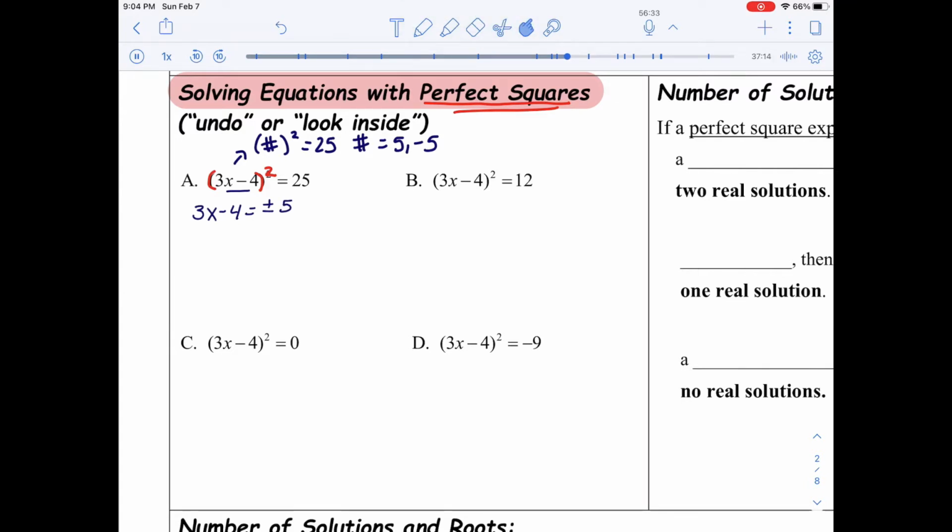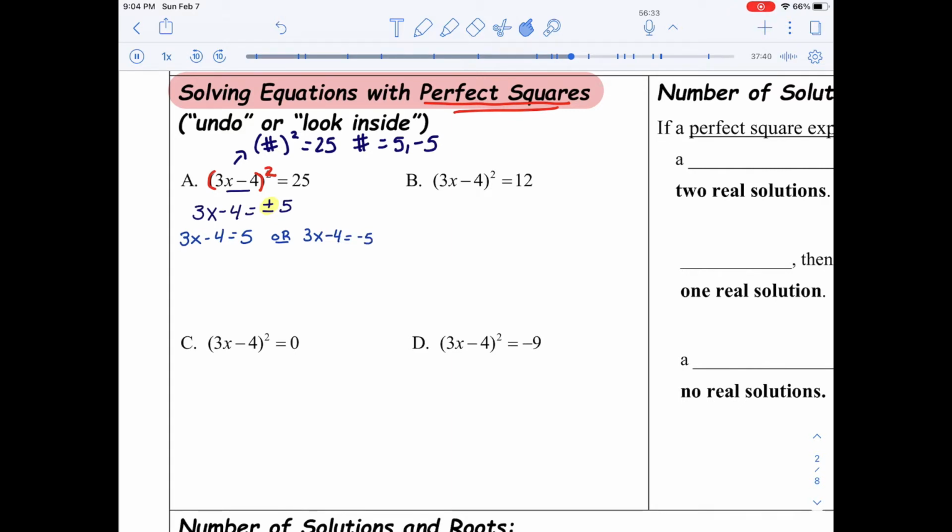Now, since that right-hand side has two different possibilities, I'm going to take my equation and split it into two separate equations. And those two equations will be 3x minus 4 equals 5, or 3x minus 4 equals negative 5.